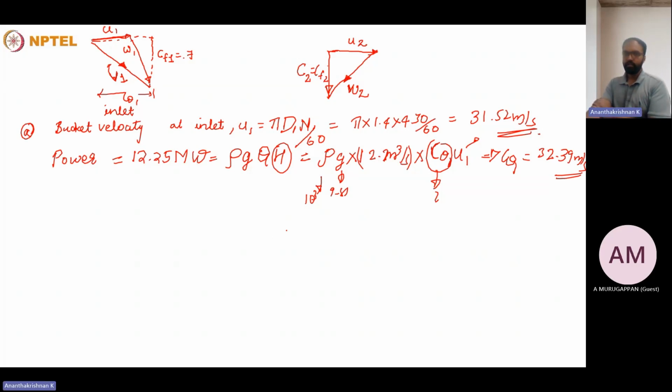Then we need to calculate the next part of the problem. As for two parts, we need to calculate the inlet blade angle. Beg your pardon, the angle of the inlet guide vanes.